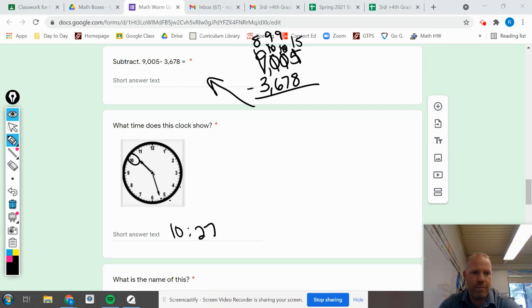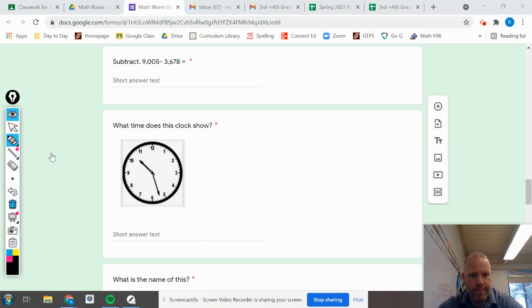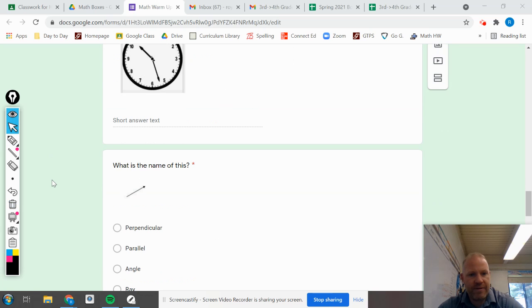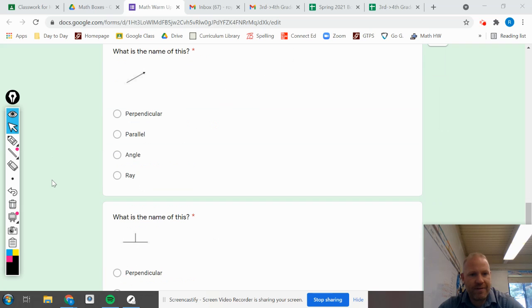We're moving down. And we see, what is the name of this? Now, this is geometry, which we haven't really talked about much yet other than these morning things. So the first thing that we see here is a ray. A ray is a line with an arrow. It starts at the end and it goes on forever. And that is a ray.